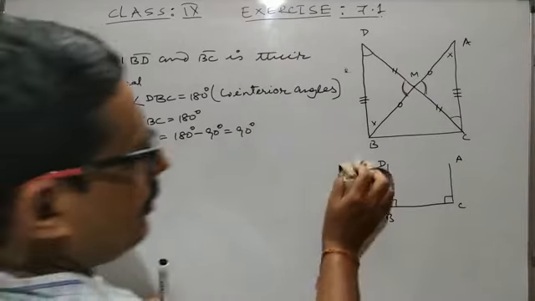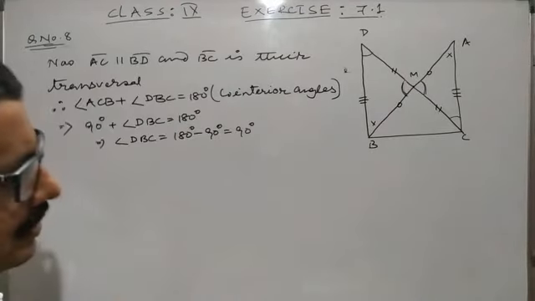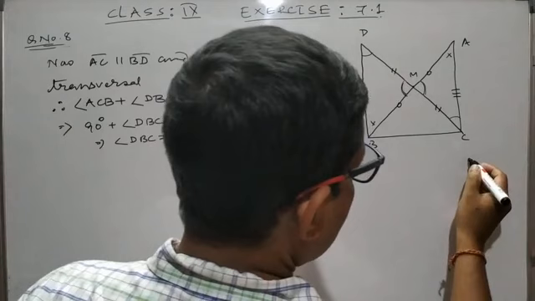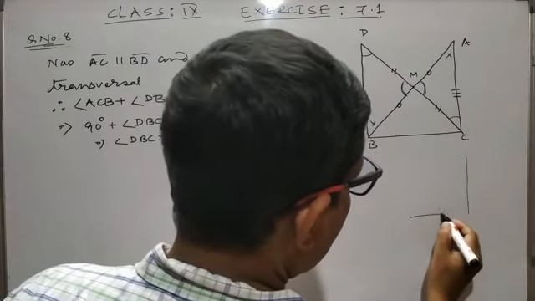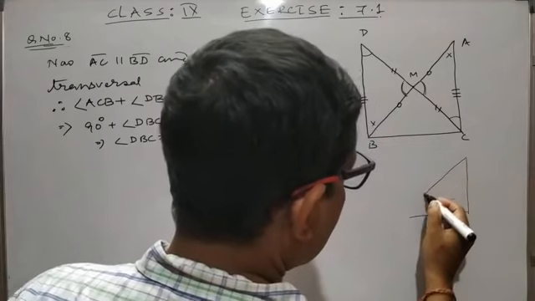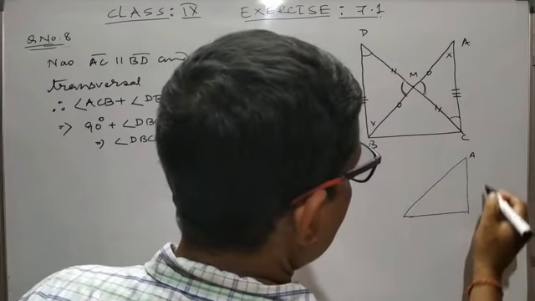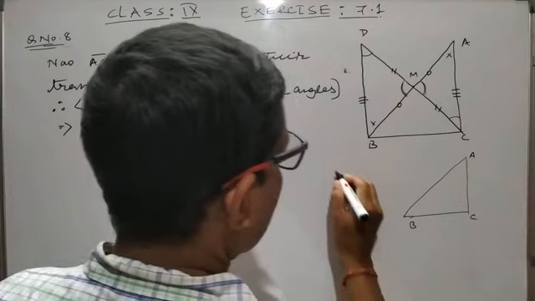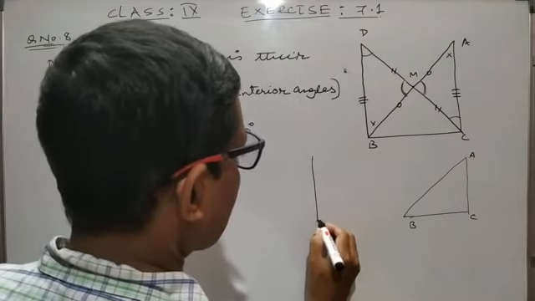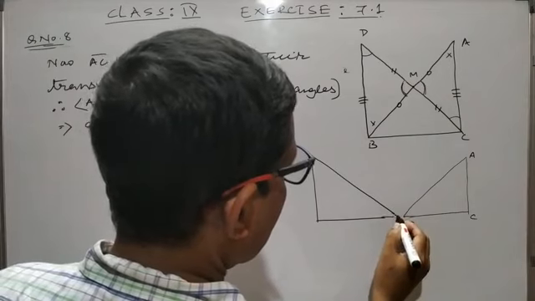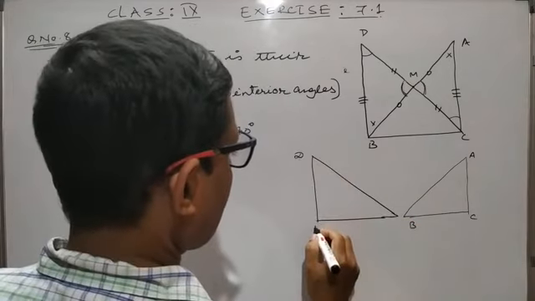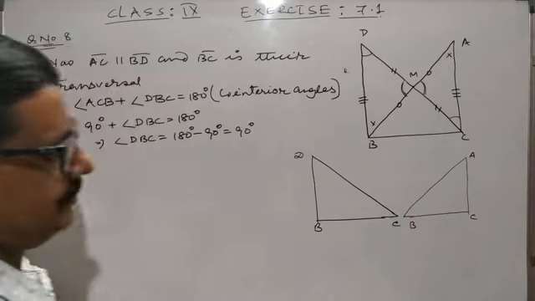Next you see the triangle ACB and triangle DBC.